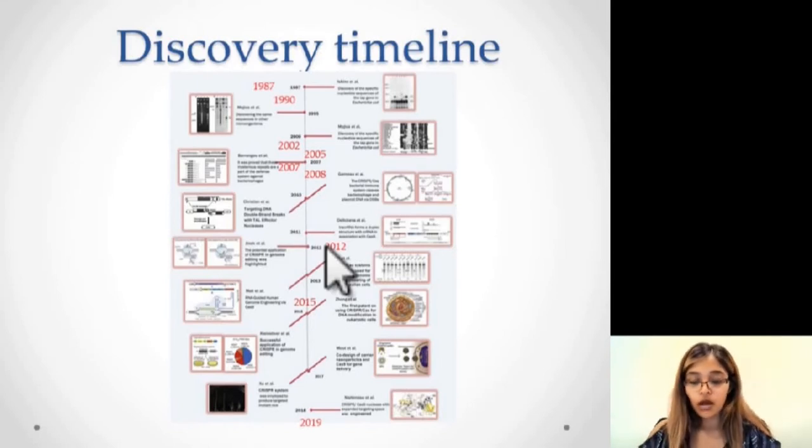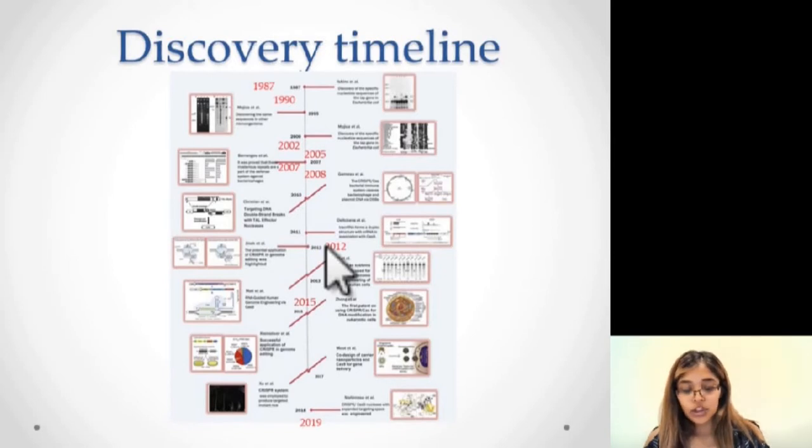So then we move forward to 2008, which was when the CRISPR-Cas9 mechanism was explained for the first time. And then in 2012, a scientist named Jennifer Doudna published her paper that demonstrated how CRISPR-Cas9 can be used for genome editing.